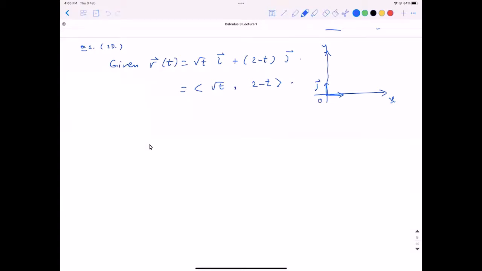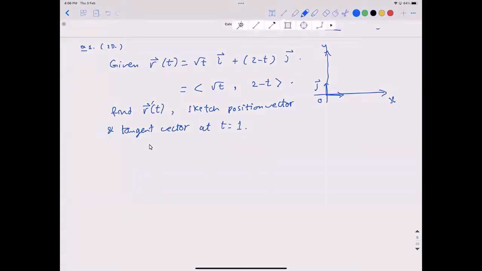The question is, find r prime of t, and sketch, you need to be used to this sketch thing, sketch the position vector and tangent vector at t equal 1.